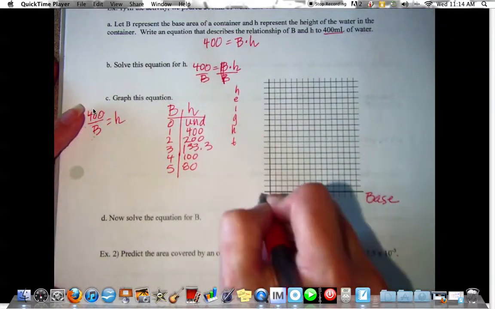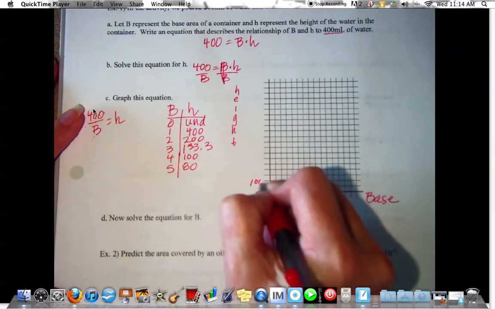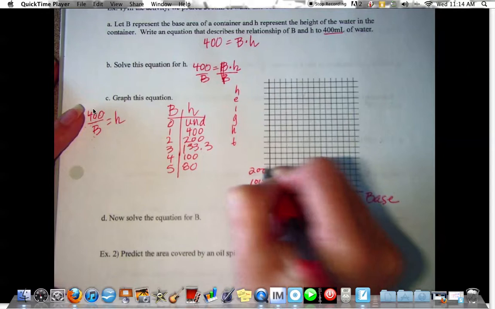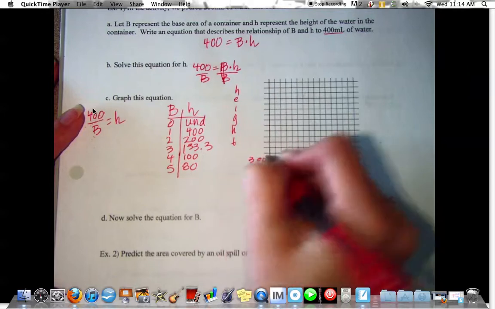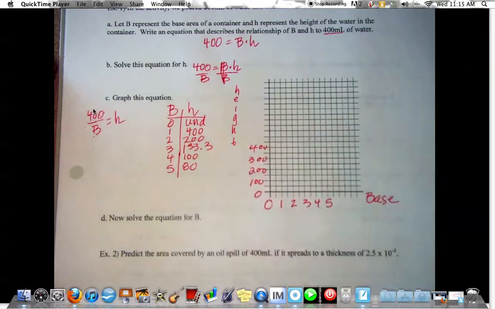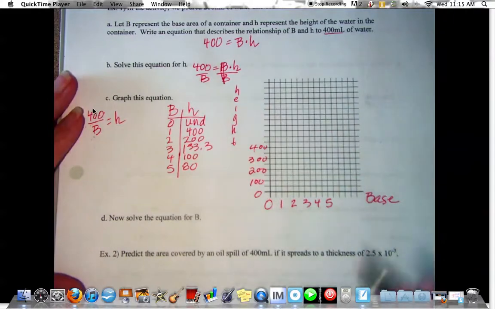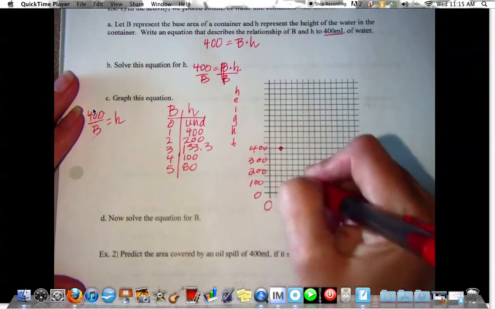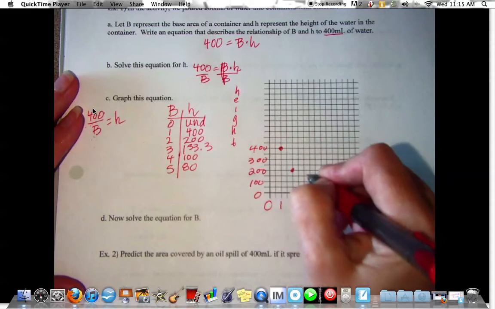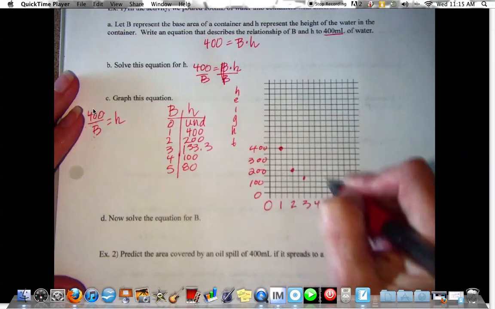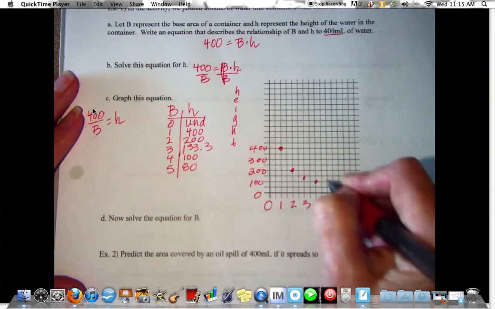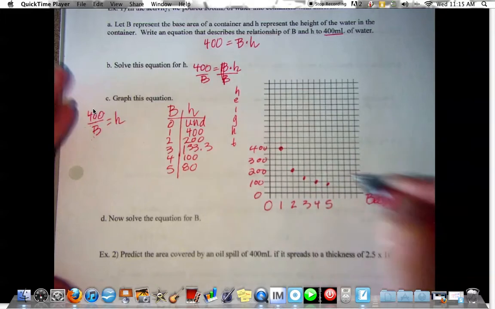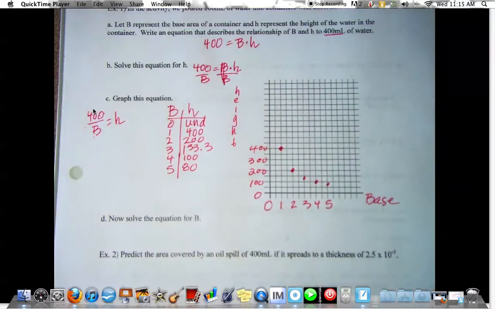So label your y-axis. Okay, now graph your points. Take a look at it, make sure your graph looks appropriate.